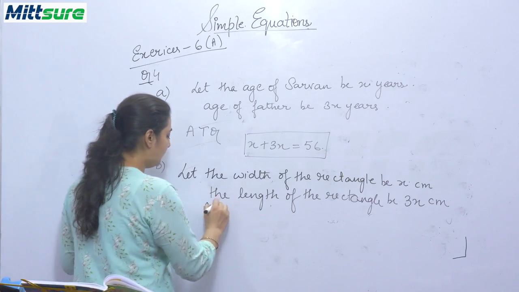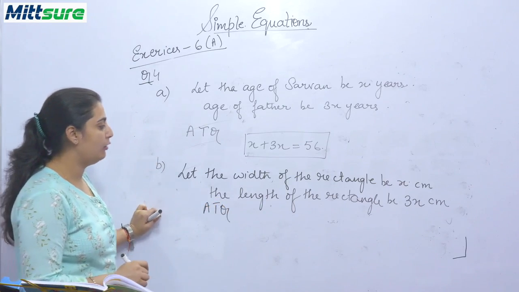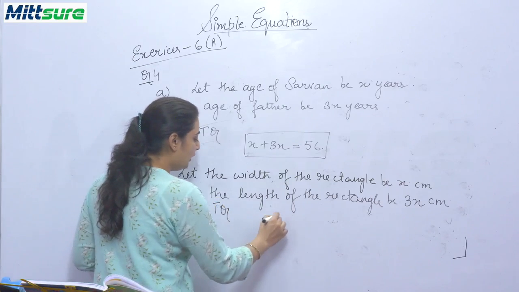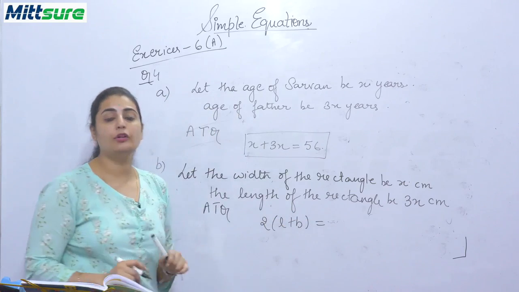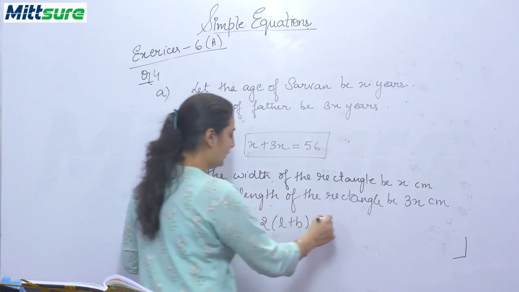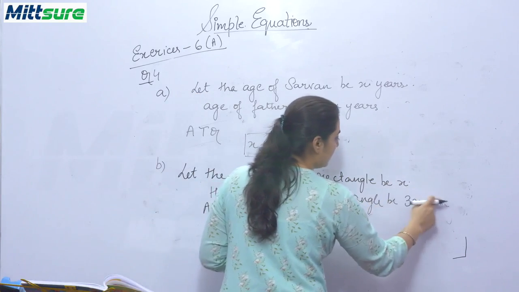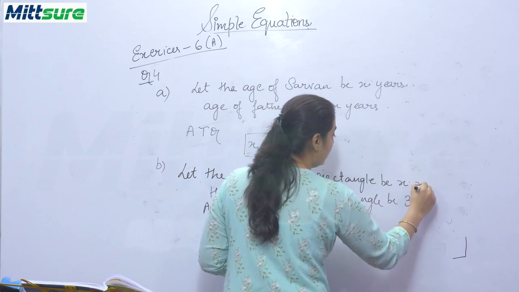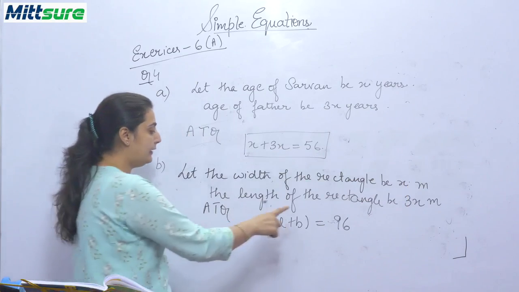That is, instead of using x here, you can use b also, or any other literal of your choice. Now according to the question, we know the formula for finding the perimeter of a rectangle, that is 2 into length plus breadth equals the value of the perimeter given to you, that is 96, and here it is in meters. So we will use the unit meter here instead of centimeters. So 96 meters.